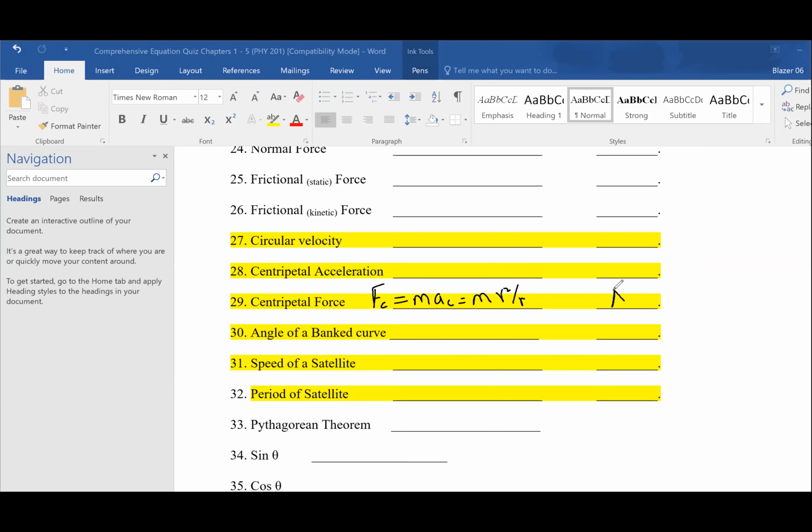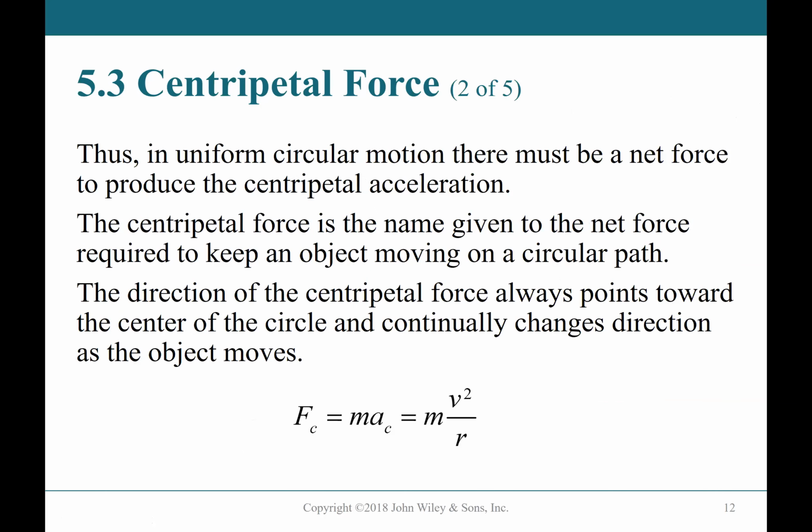And of course, the unit for force is newtons. Okay, so that's the equation I just gave you. So that can go on your notes. Now, the direction of the centripetal force always points toward the center of the circle and continually changes direction as the object moves. Okay, force is a vector, but it's continually changing its direction.